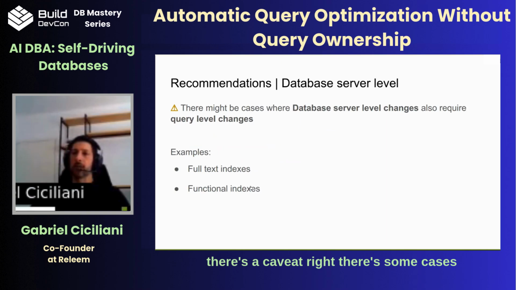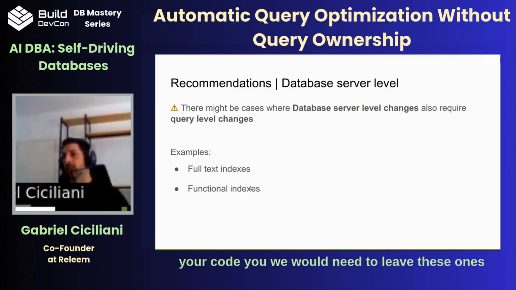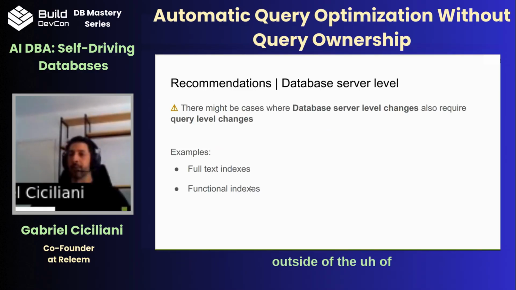There's a caveat, right? There are some cases where recommendations have two parts. They have a database server level change, but they also require query level changes. So if you're not in charge of your code, we would need to leave these ones outside of the options.